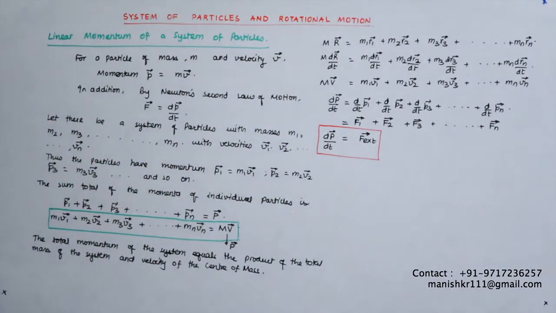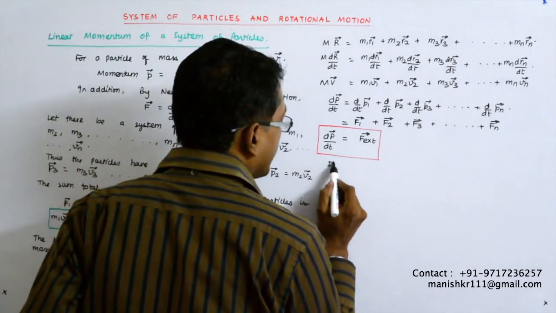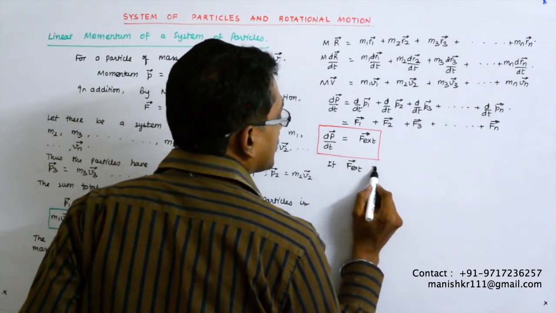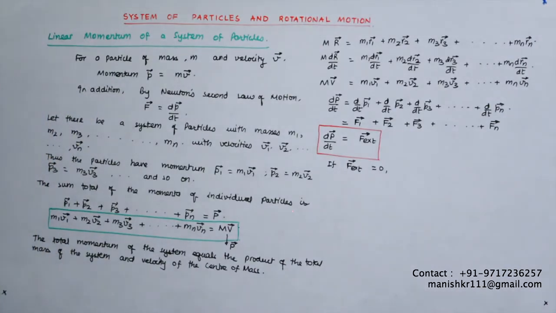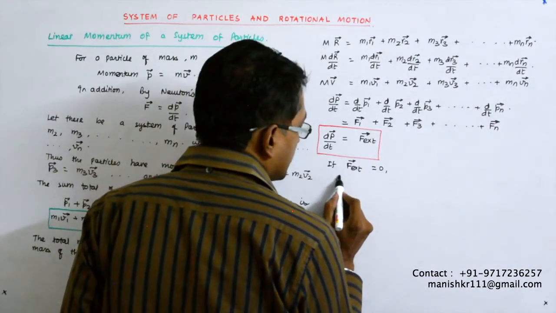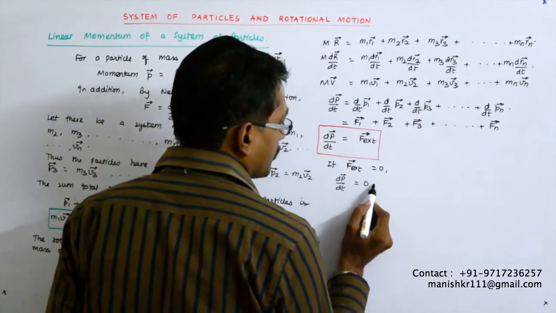Okay. Now, if F external is equal to 0, what happens? What happens if F external is equal to 0? Then it tells me that dP upon dt is equal to 0.